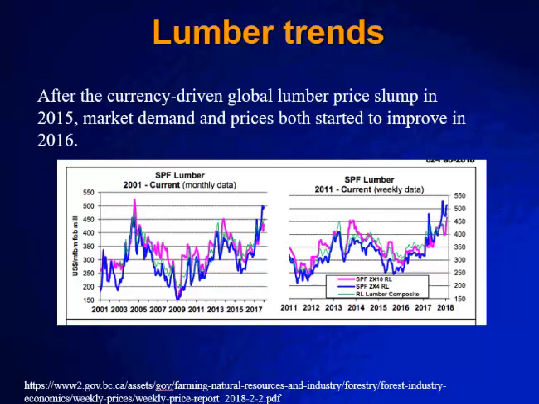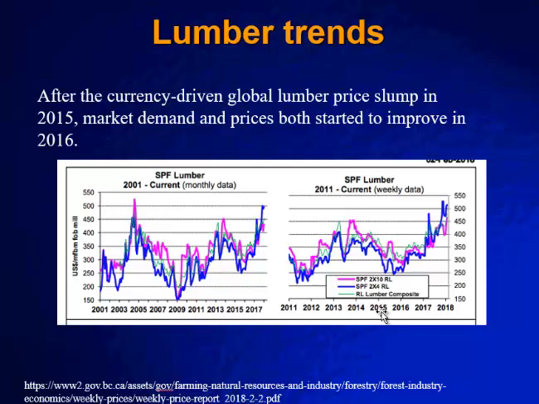So we had this overall currency-driven lumber price slump in 2015, but it started to improve in 2016, and you can see when we start to look at 2018, the prices have continued to go up. Here we've just got some different lines that show you different prices. The purple line is looking at 2x10s, the blue line is looking at 2x4s, and the green line is sort of this overall lumber composite number.